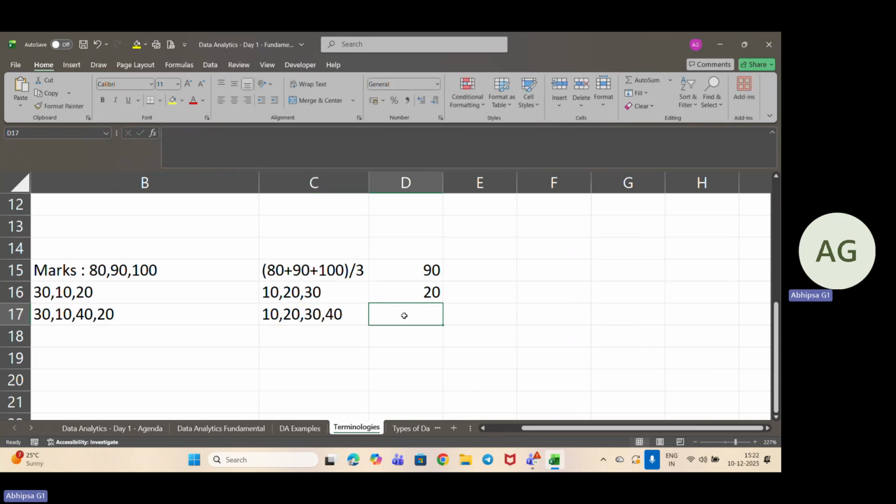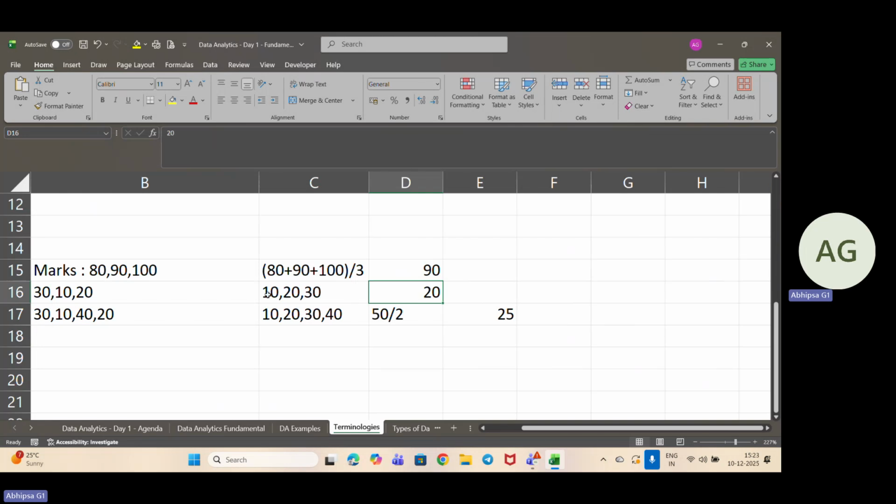So we will be taking the average of it, 20 plus 30, that is 50, divided by 2. So 50 divided by 2 will be 25. This is how we need to find the median.